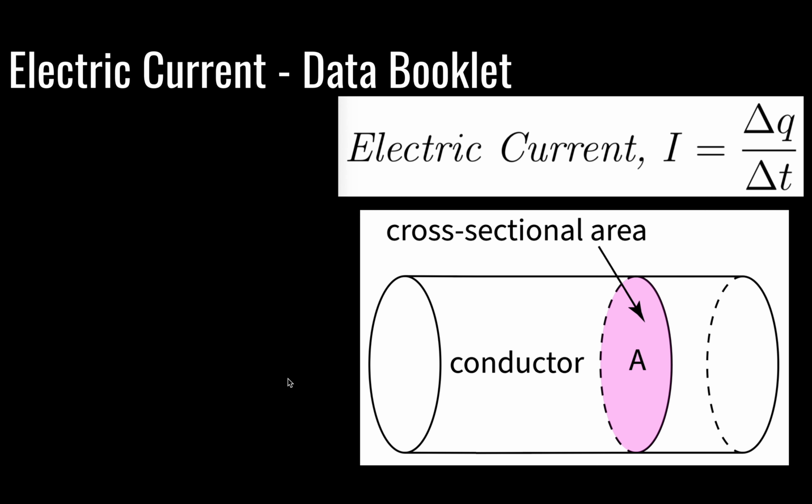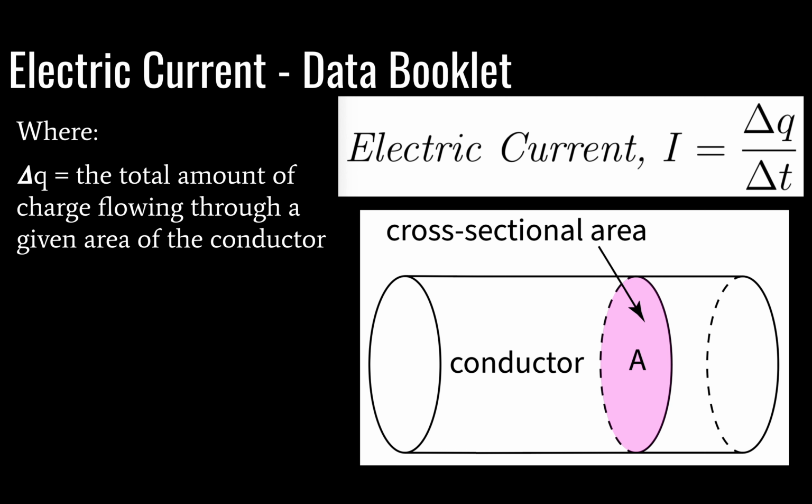Insert joke. Okay, so here we have a diagram and a formula. Nice. This is in your data booklet. Electric current, I, is equal to change in charge divided by change in time.